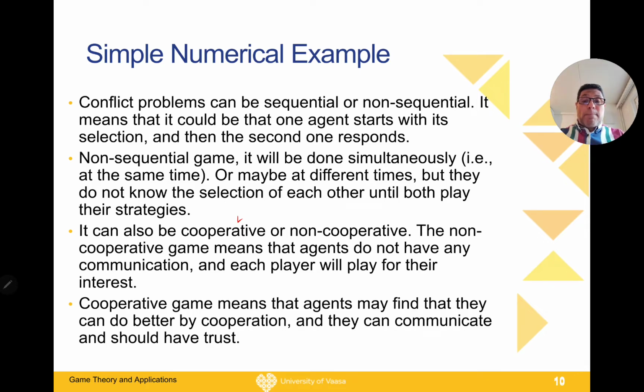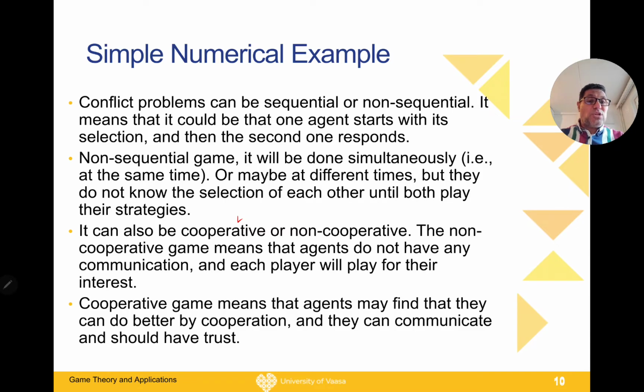Okay. So a non-cooperative game means that everyone makes their decision independently from the other. So everyone looks to their own interest. What is the best strategy the player could play independent of the other? They know the other will also play in the best way. So if we don't have communication between them, how will every player play?